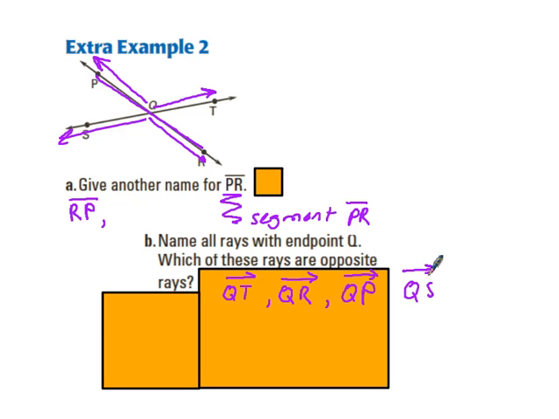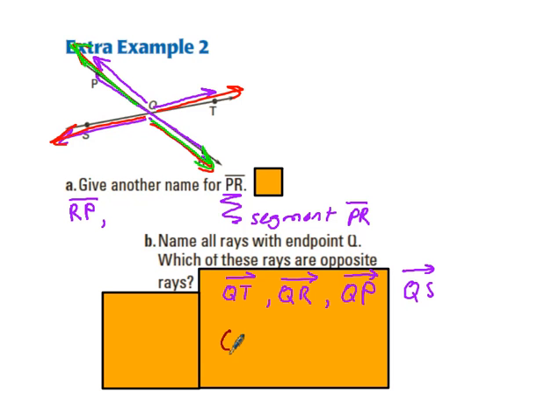Starts at Q, and which of these rays are opposite rays? So opposite rays. These 2 here would be opposite, and these 2 here would be opposite, wouldn't they? I should do that in a different color. Those would be opposite rays. They start at Q and they go in opposite directions. So that would be QP and QR.